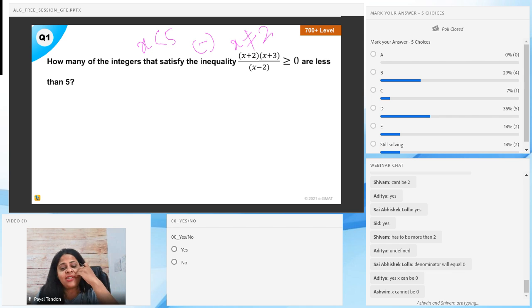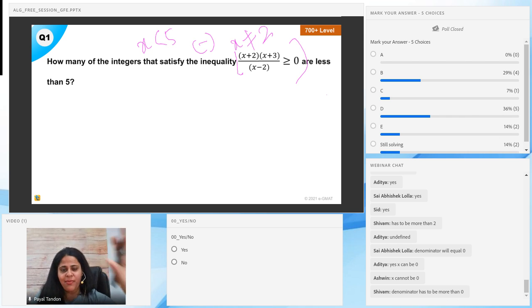Ashwin, you're saying x cannot be 0 because you've already solved it, right? But let's not worry about solving this right now. Just based on everything, without solving it, what can you infer from just the information over there? Because obviously, once you solve this higher order inequality, there are going to be more solutions that come out.